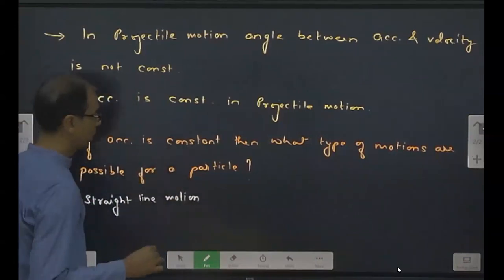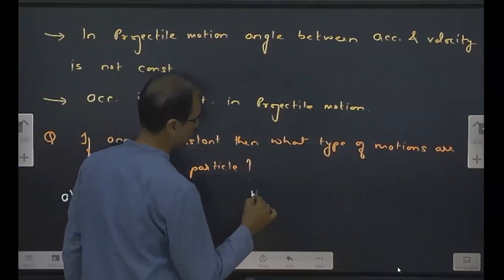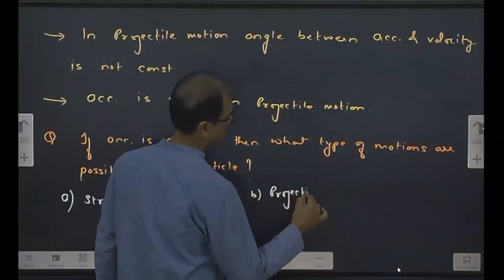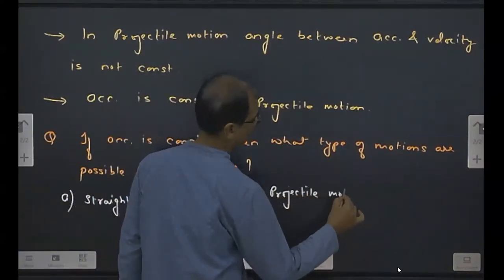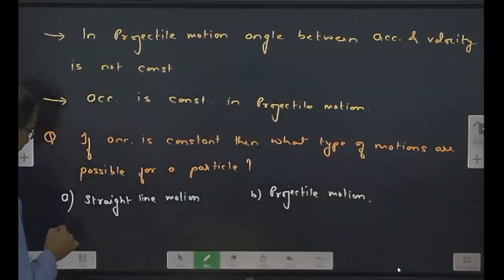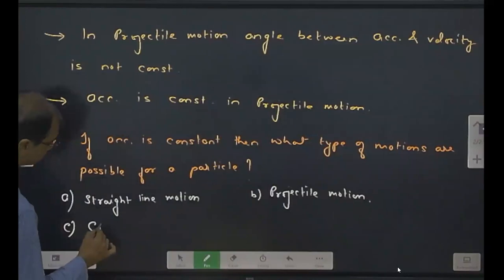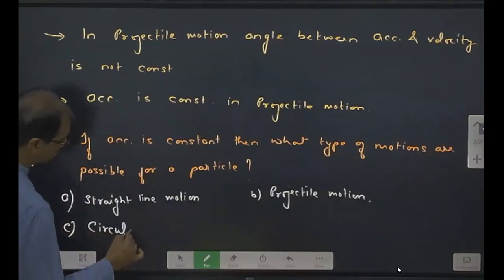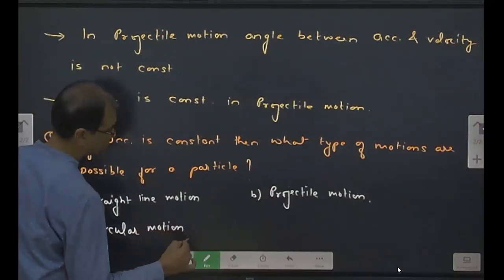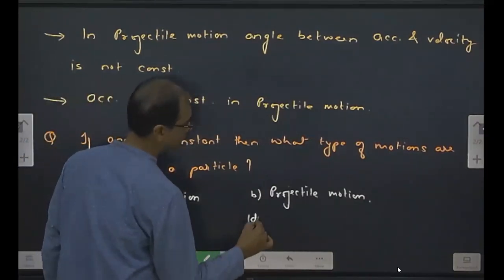B, projectile motion. Third, circular motion. And fourth, a motion about which we cannot say anything.